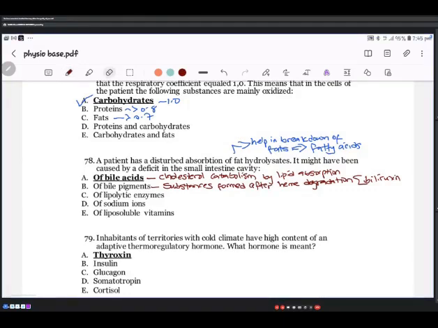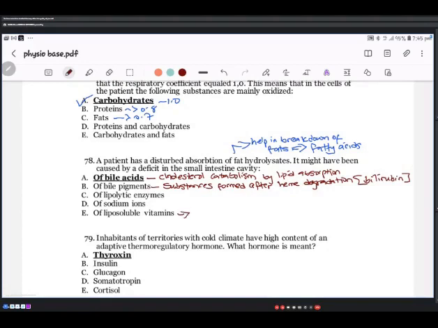I think bilirubin, just bilirubin. And then what again here? The lipolytic enzymes are, well, let me skip that for now.